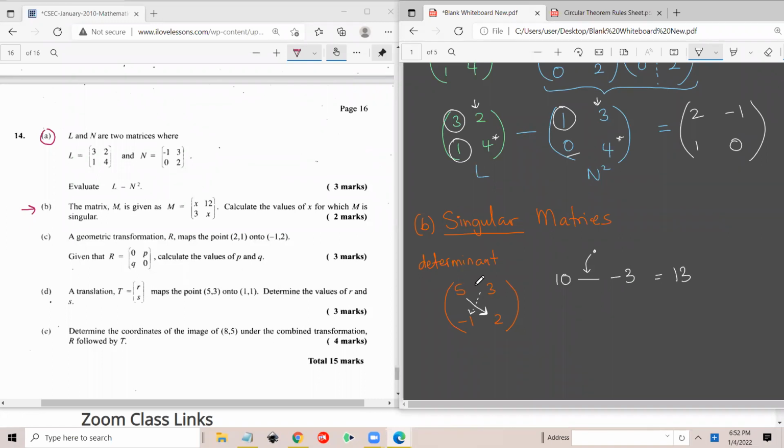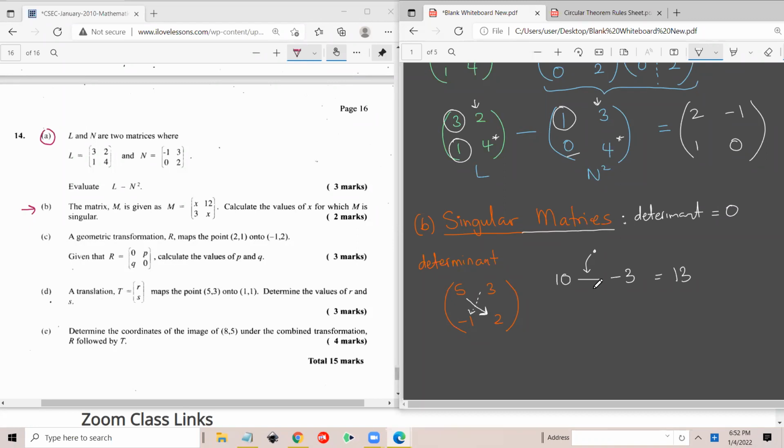This here is not a singular matrix. Let me explain why. Because in a singular matrix, the determinant is always equal to 0. So when we found the determinant of this matrix, we did not get 0. Hence, it's a regular matrix.